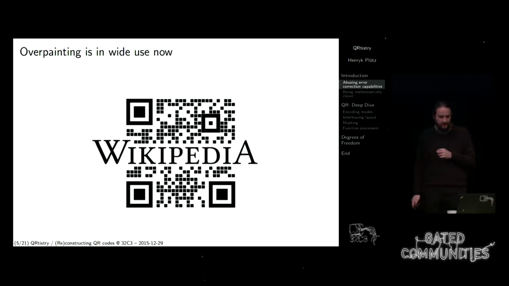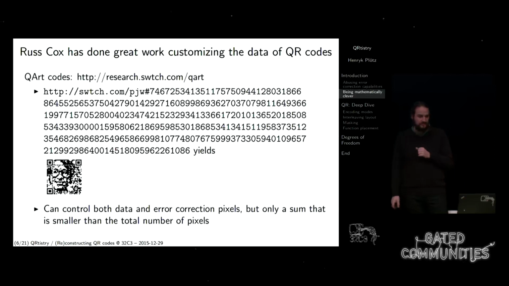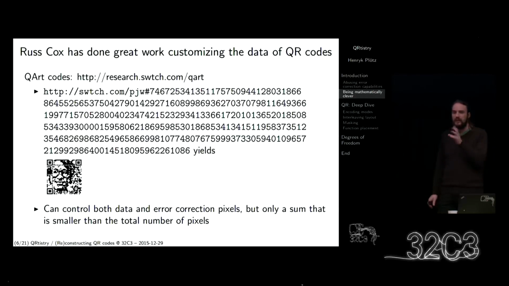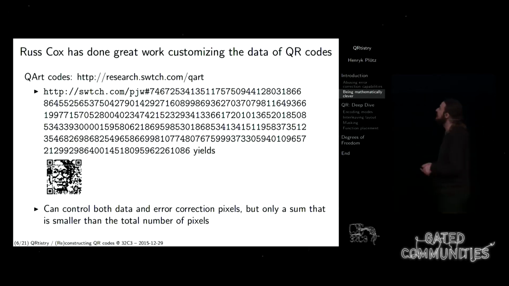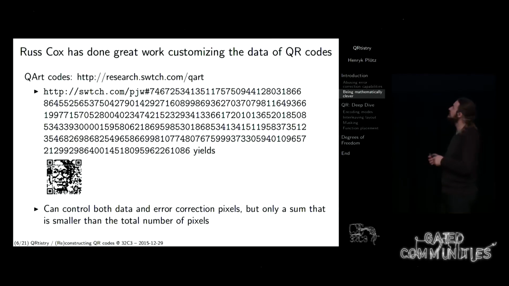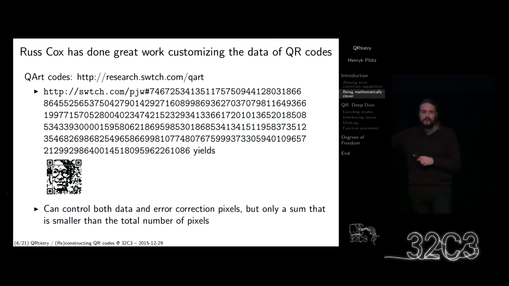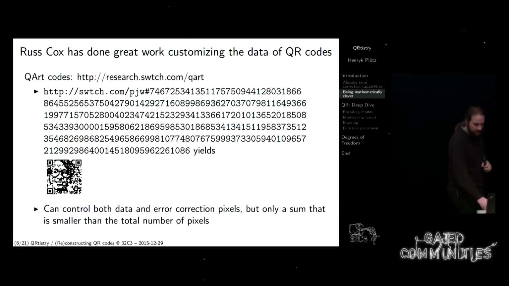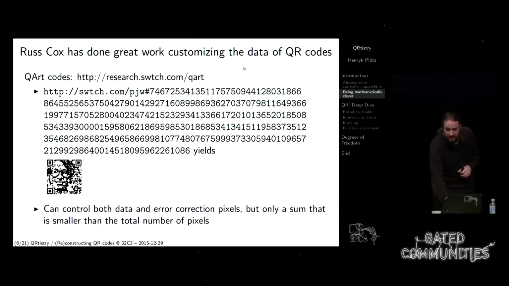Like I said, the other method to do fun stuff is the project QArt by Russ Cox. He does a different trick. He noticed that it doesn't matter if you have an HTTP URL, it doesn't matter if there is a very long hash that doesn't really exist.